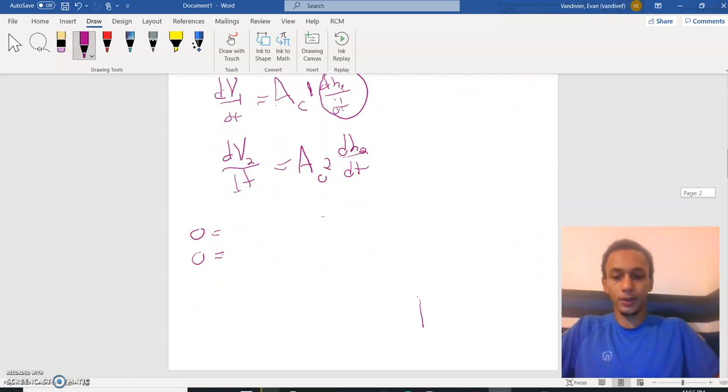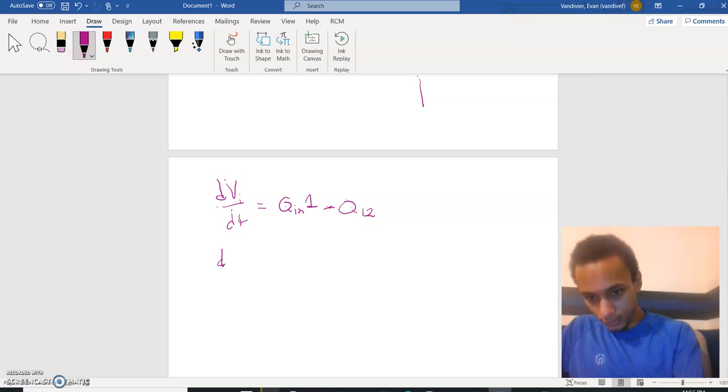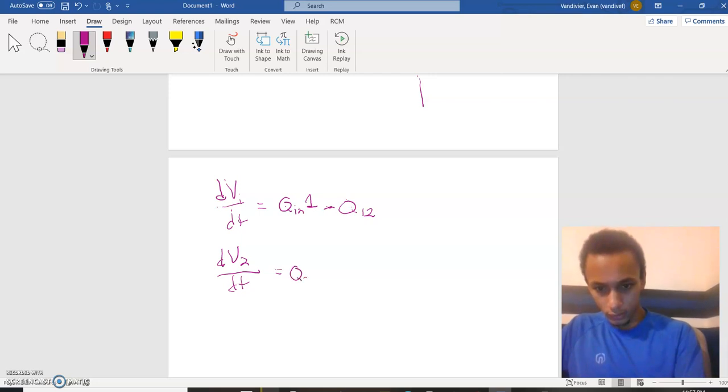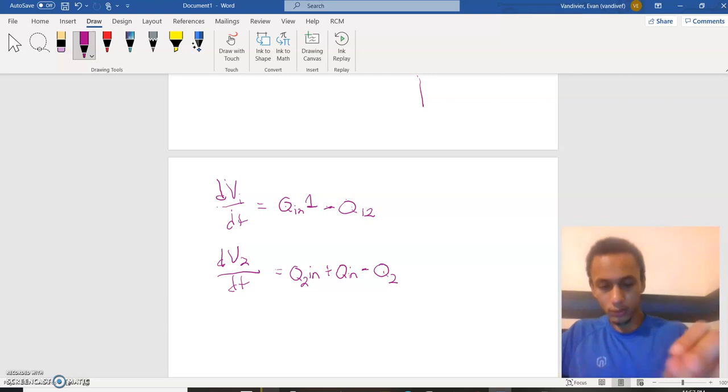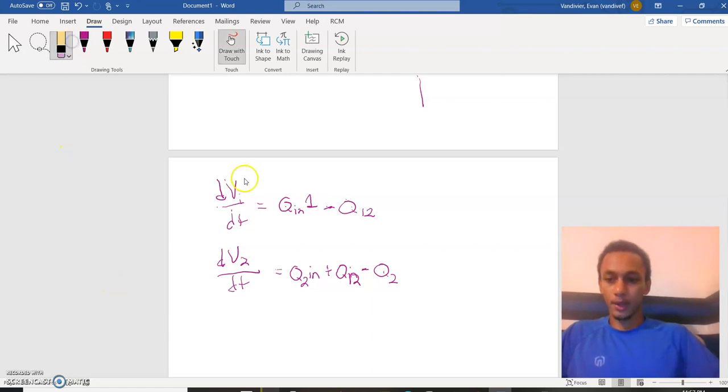And for dV2 over dt, you're going to have Q2in plus Q12 minus Q2. And this is supposed to be Q12. It's not going to be dV anymore. Erase that, we keep carrying over. That's what we're going to have.